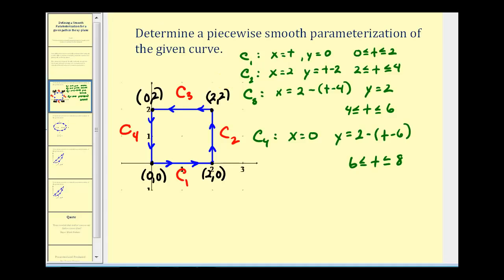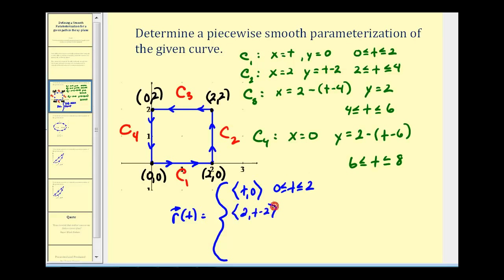So now we'll go ahead and write this curve as a vector valued function using these parameterizations. So we'll have 4 pieces. The first piece will be ⟨t, 0⟩, and t is on the interval from 0 to 2. Then we'll have ⟨2, t minus 2⟩ from 2 to 4.